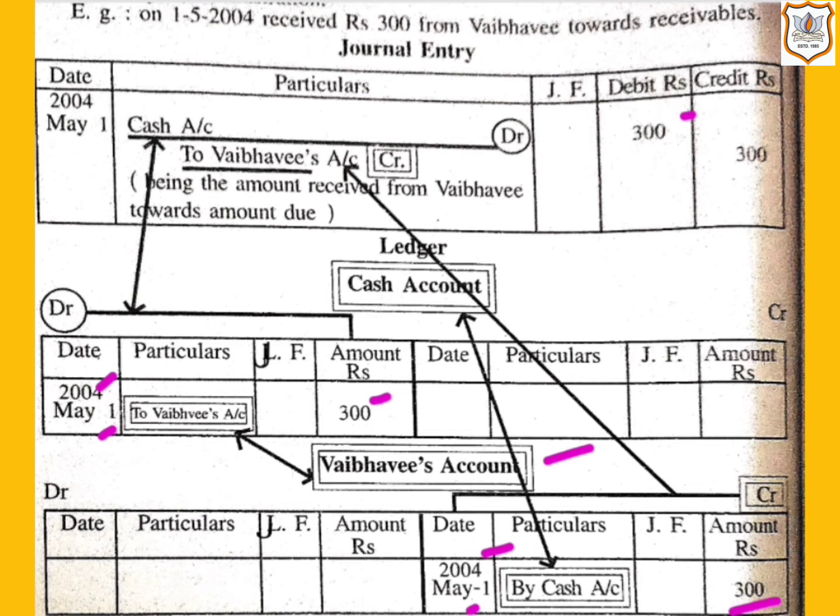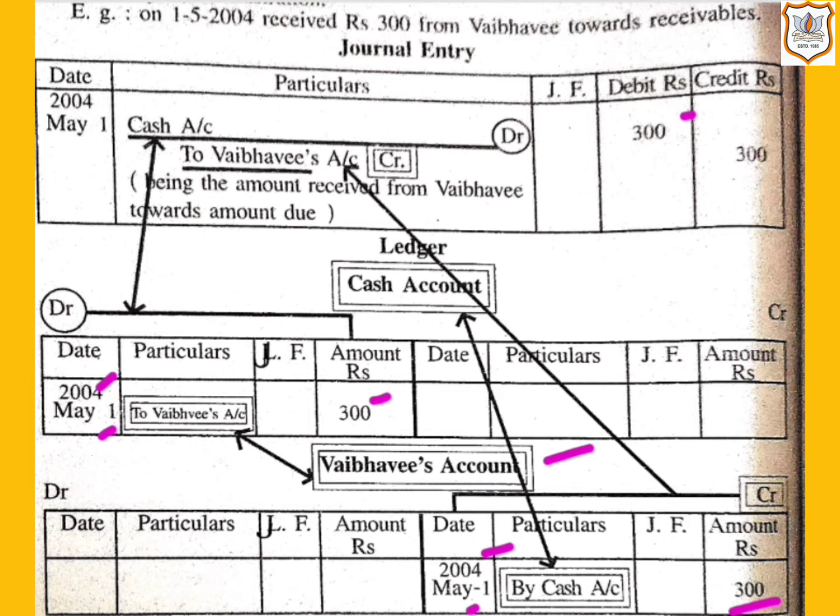Now let us see what is to be written in particular column. At the time of posting in any account, in the column of its particulars, that name of the account is to be shown which is affected due to its opposite effect.